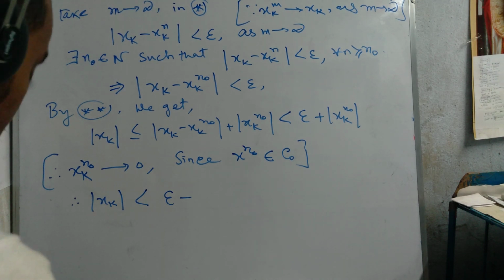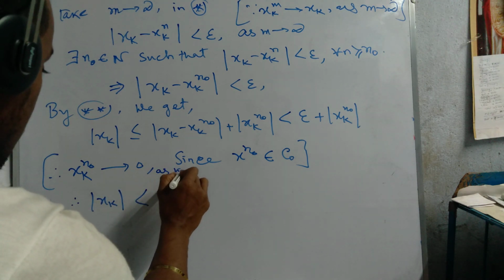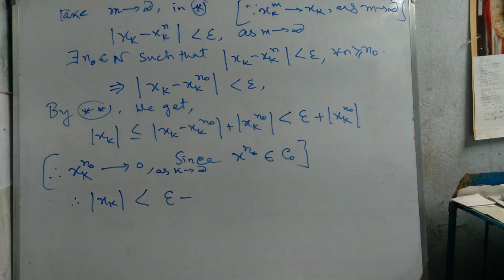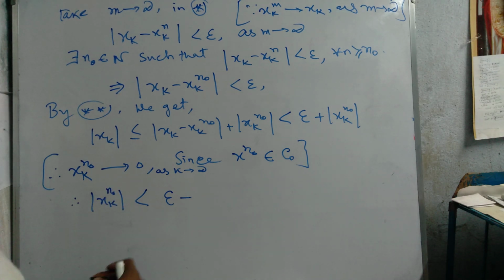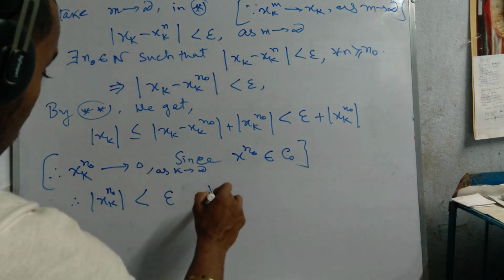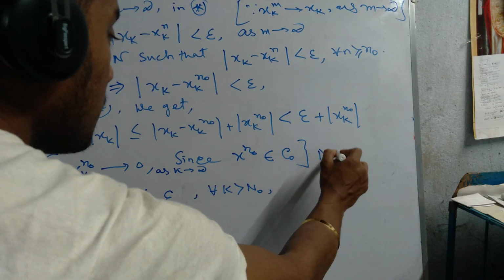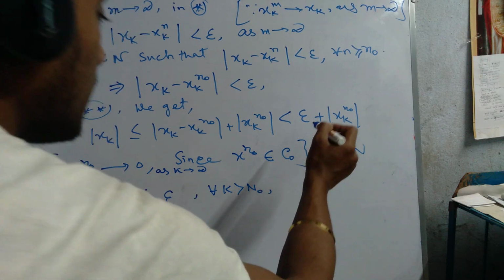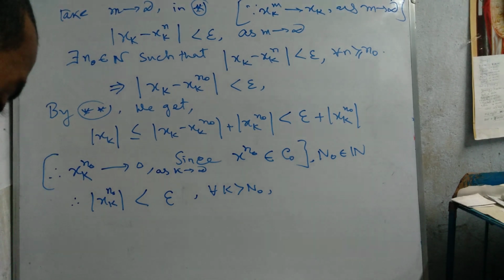So what that means, what we write here, as k tends to infinity, that means the modulus of xk^(n0) is less than epsilon for all k greater than n0. Here n0 belongs to the natural numbers, we take, then this happens.